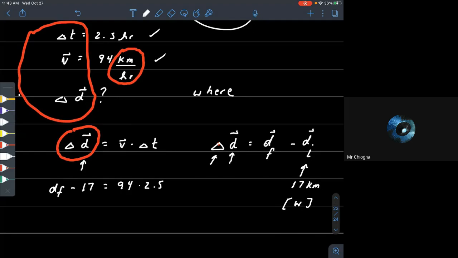I didn't plug the units in. They cancel out. We're going to get the right units of kilometers. So you get d final is equal to 94 times 2.5. You're going to add 17 to both sides. And that should give you your right value of 252 kilometers.